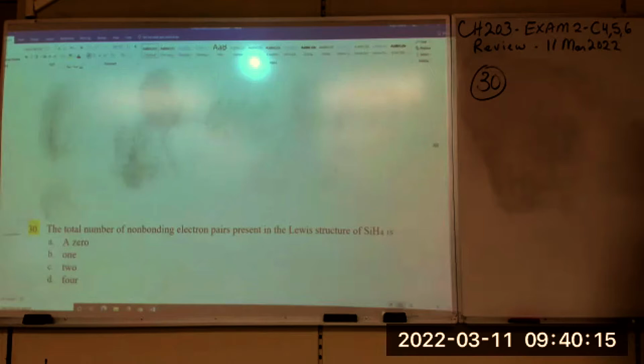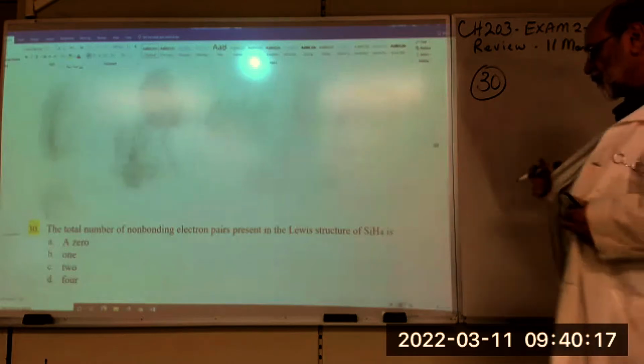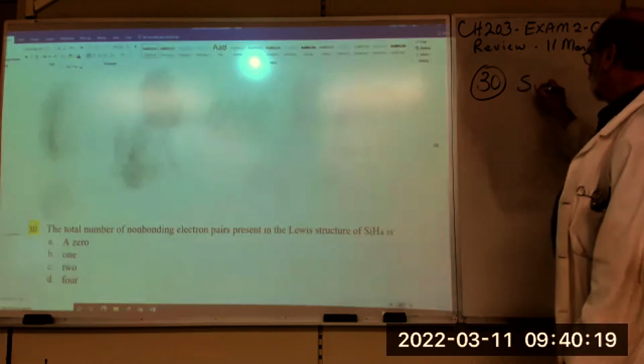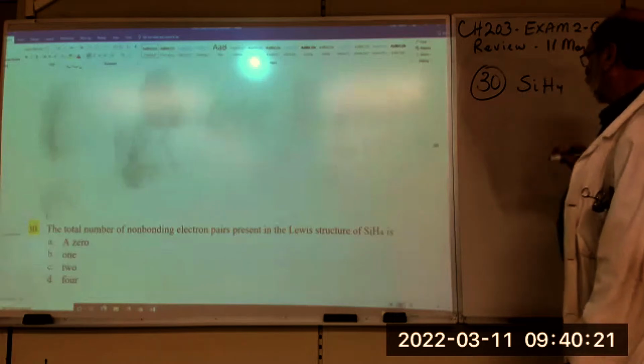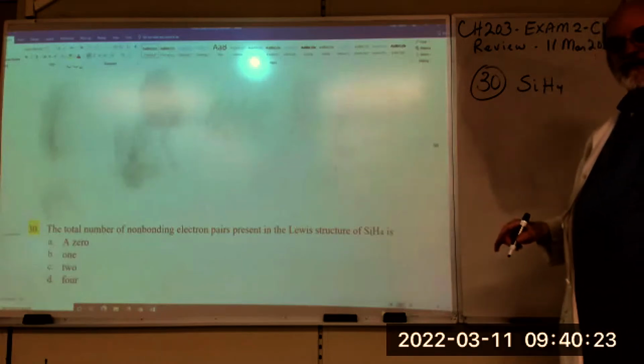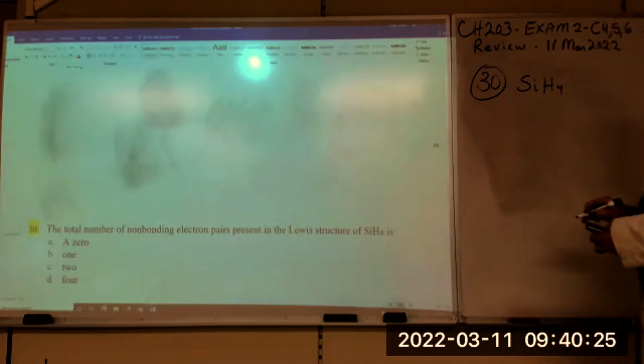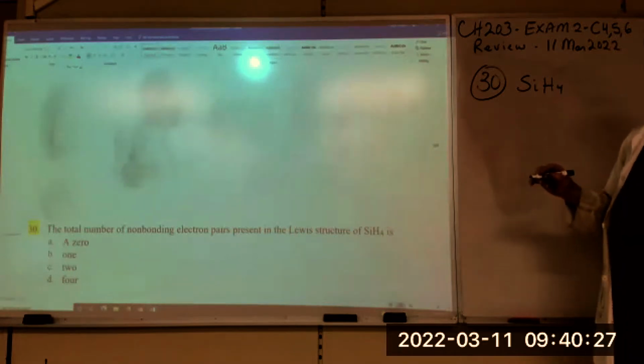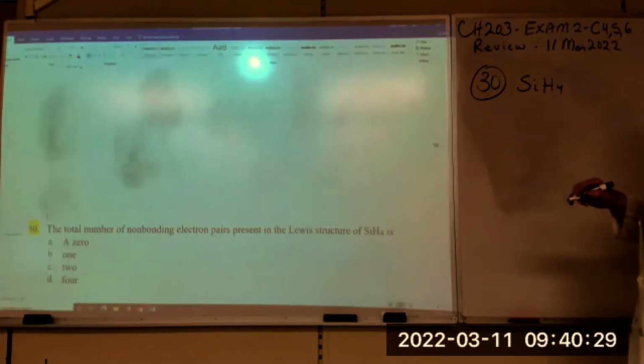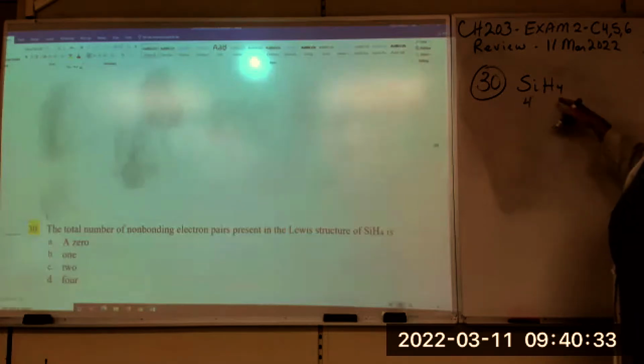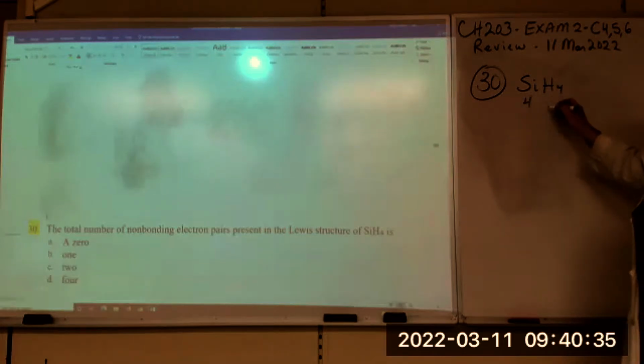Total number of non-bonding electron pairs present in the Lewis structure of SiH4. Non-bonding pairs. Okay. So we will have to draw this structure. Silicon, it's in carbon's group, so it has 4. And that's 1 for each hydrogen, another 4.